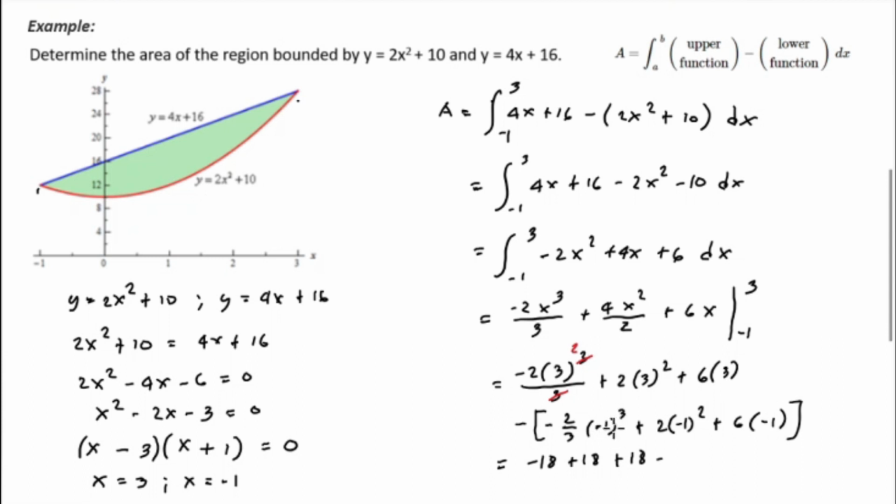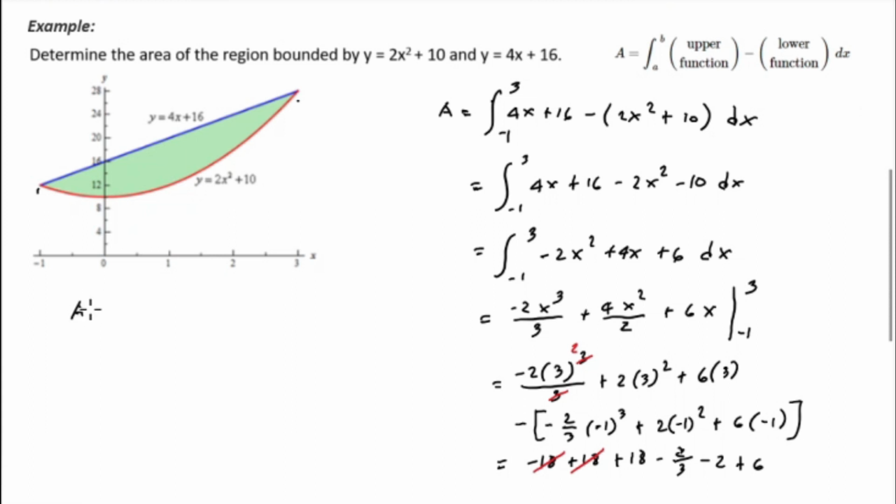This is negative 1 times negative, it is positive, so 2/3 times negative, or this will be negative 2/3, then plus 2 times negative 1 squared, or 2 times 1, plus 2 times negative, this is also negative 2, and 6 times negative 1 is negative 6 times negative, it is plus 6, and we cancel out plus 18 and negative 18.